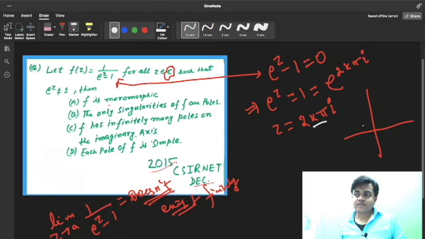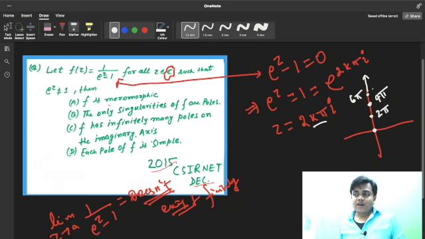And how can this pole be seen? For k equal to 0, you see your pole over here. For k equal to 1, it will become 2 pi iota. All the poles will be on the imaginary axis. For k equal to 2, it will become 4 pi, for k equal to 3, it will become 6 pi, and this story goes on up to infinity.